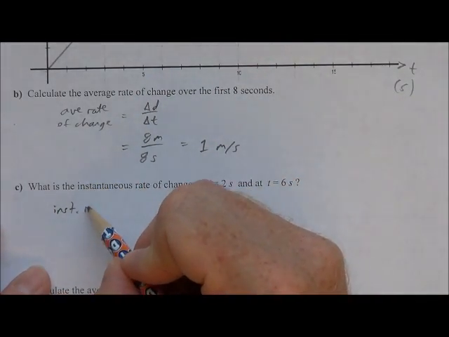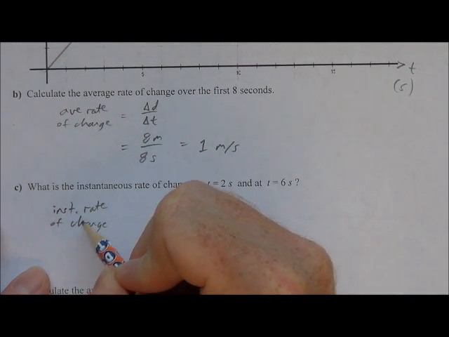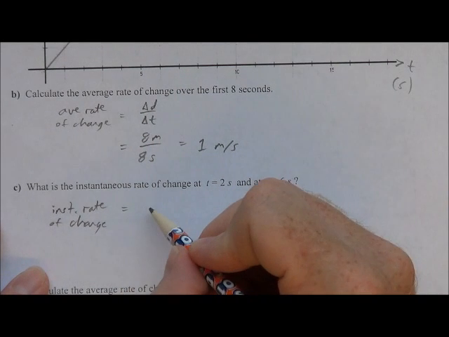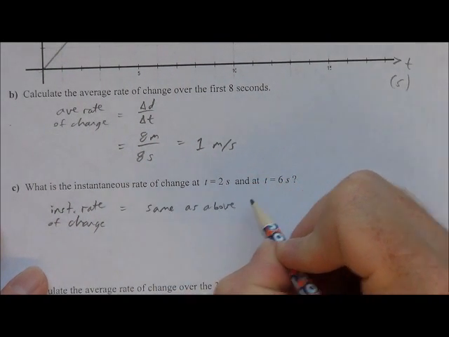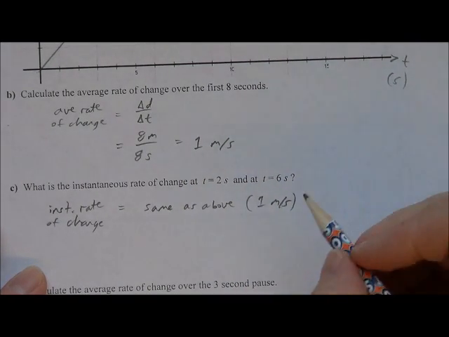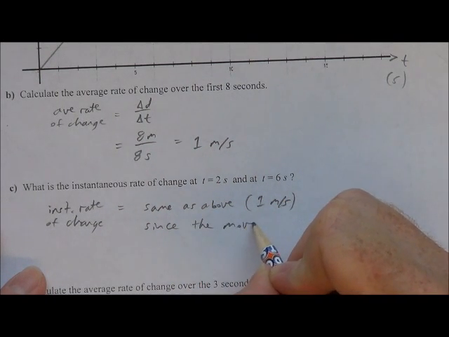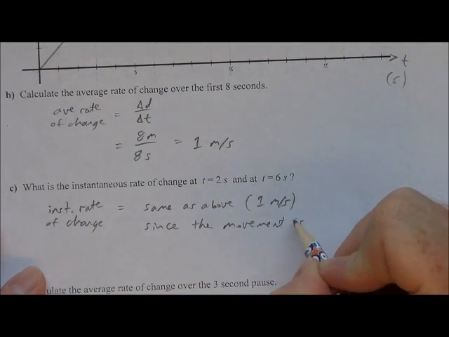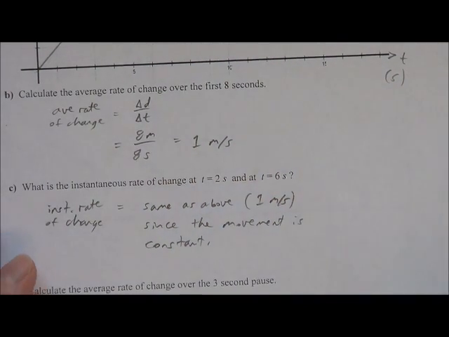So the instantaneous rate of change is going to be the same as above, which of course is 1 meter per second, since the movement is constant.